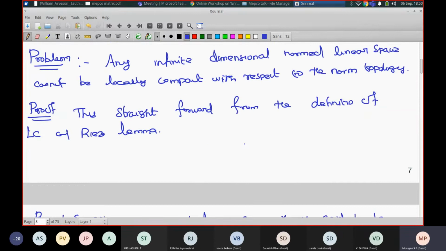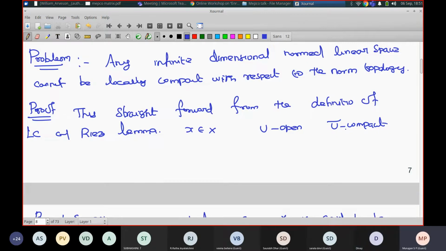Someone said something. Yes, please. If we take any point in the space, there will be an open set U containing it such that U bar is compact. Now U bar is compact, therefore by Riesz it should be finite dimensional. But how will you conclude that?